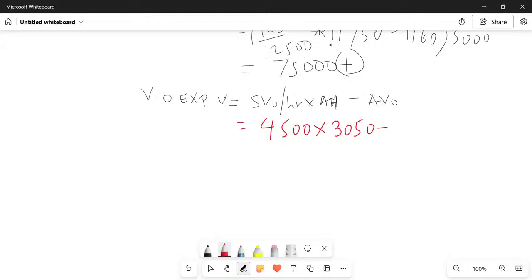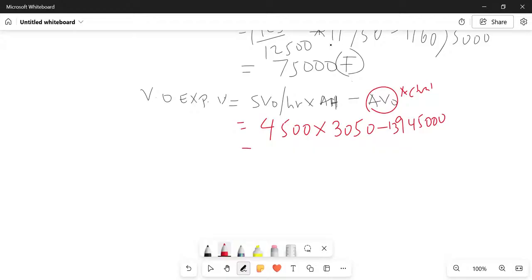From the actual information, actual variable overheads, how much is it? 13,945. You return back the thousands, isn't it? Because it is in shillings thousands, I must always return them back. Otherwise, the other option is to convert this by 1,000.